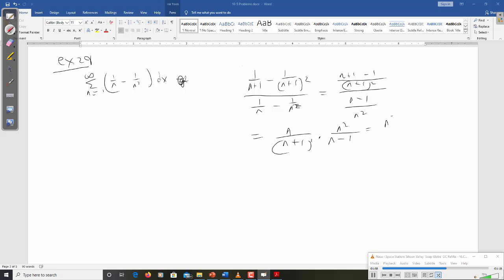So we get n cubed over n minus 1 times n plus 1 squared. But that's just going to go to 1, which would be inconclusive. But honestly, this is a bit easier than that.